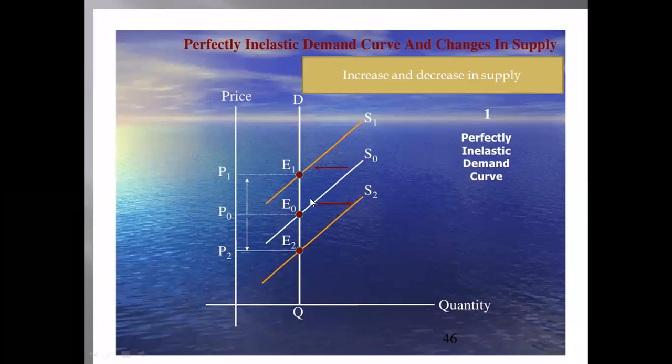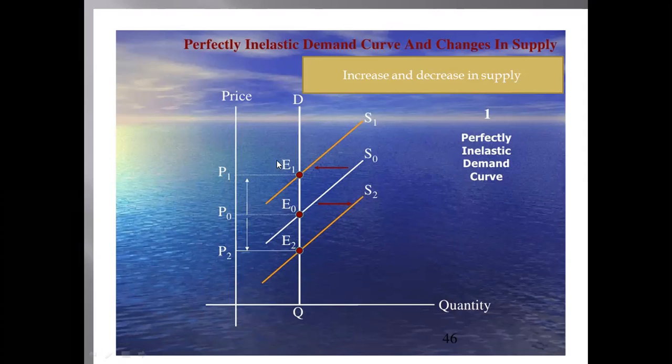Now, children, here it is opposite of demand. When the supply curve is down, that means the supply is increasing. So when the supply increases, the price decreases. And when the supply is decreasing from S0 to S1, the price is increasing.